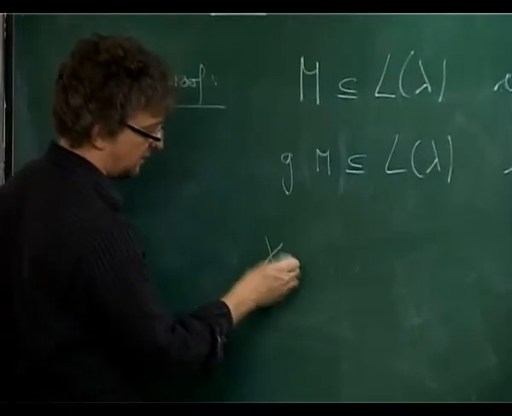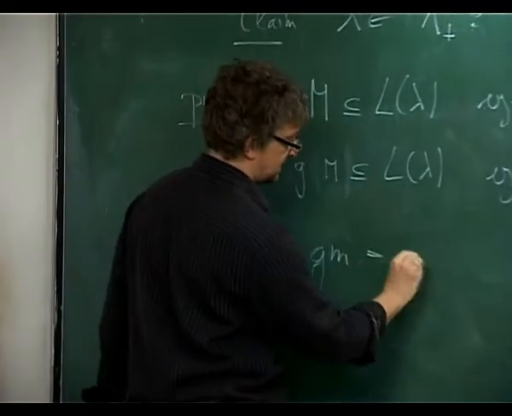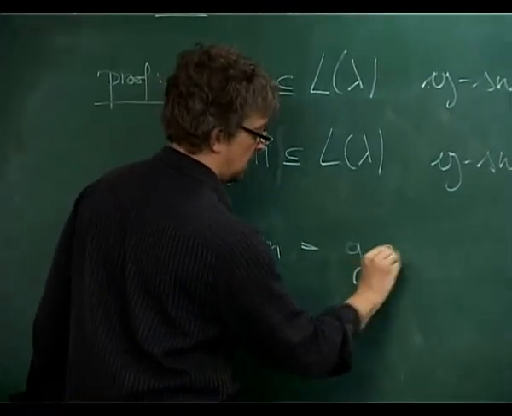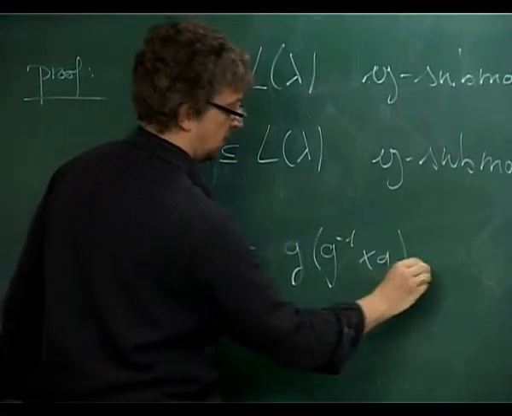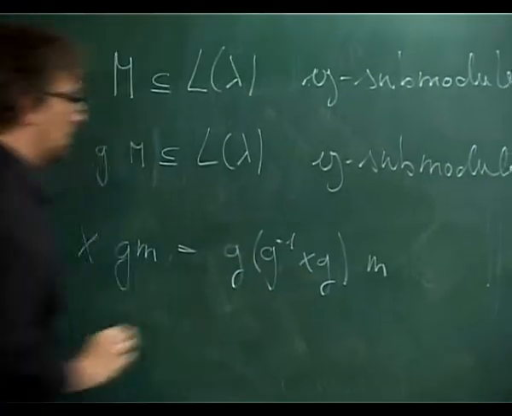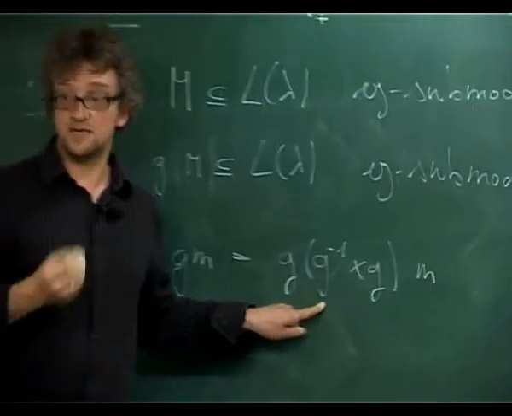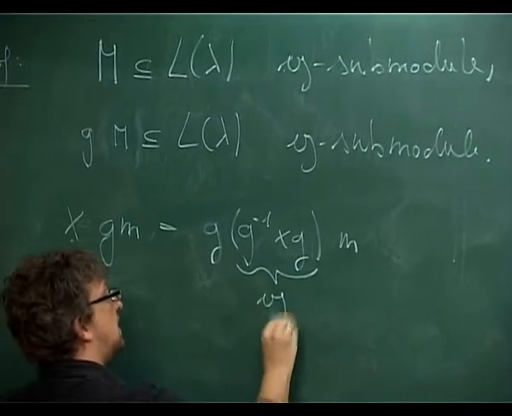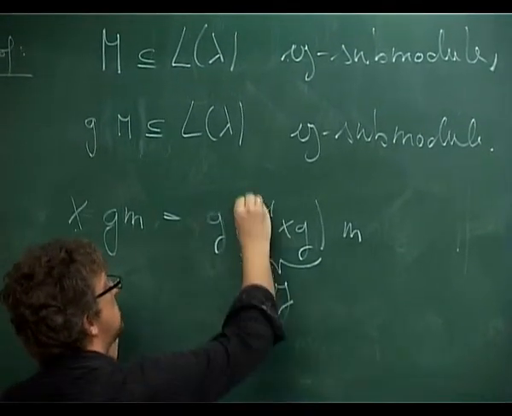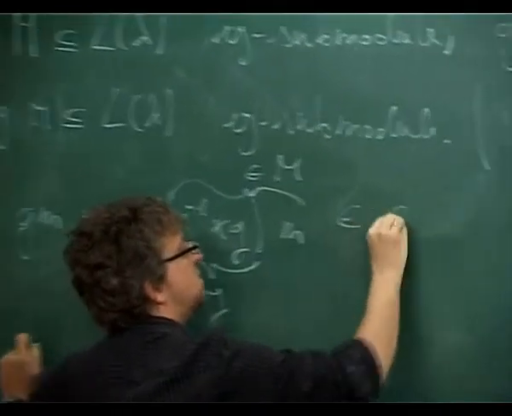If you look at what happens when you apply the operator coming from the Lie algebra to gm, then you can write this as g times Ad(g to the minus 1) x applied to m. And this is the adjoint representation of the group on the Lie algebra. So this is again an element in the Lie algebra, so this is an element in M, so this is an element in gM.